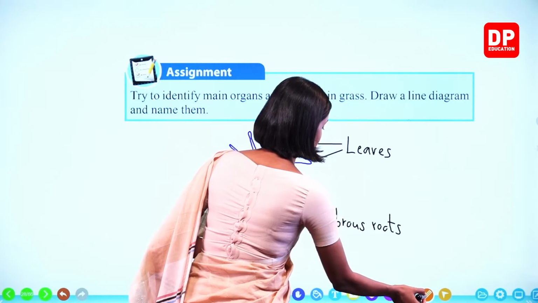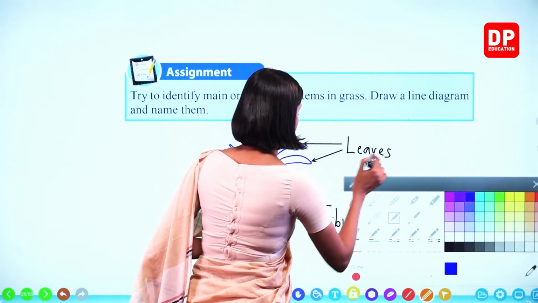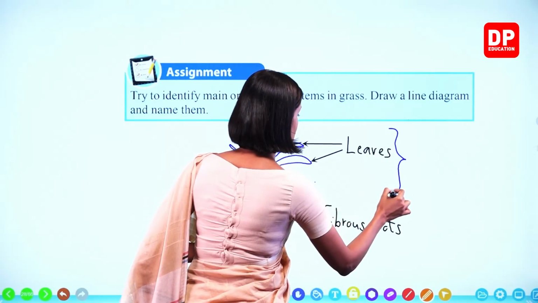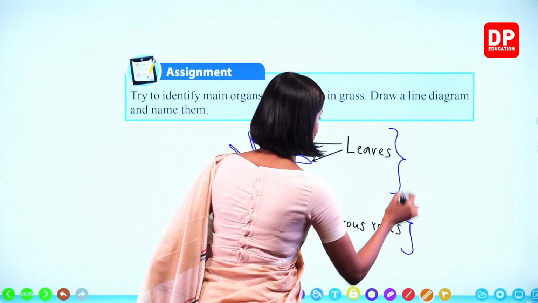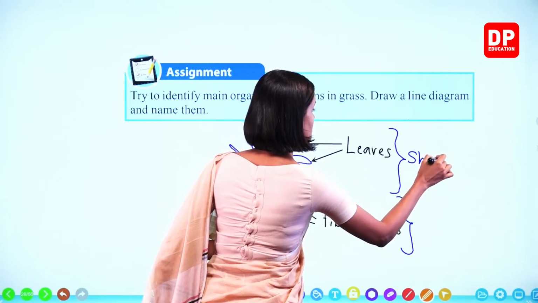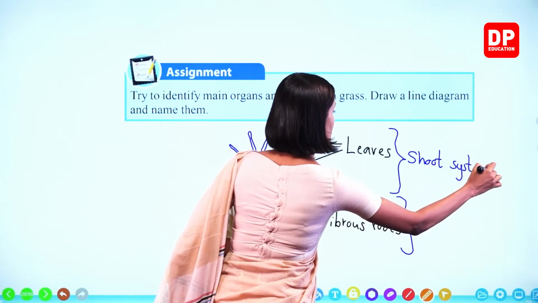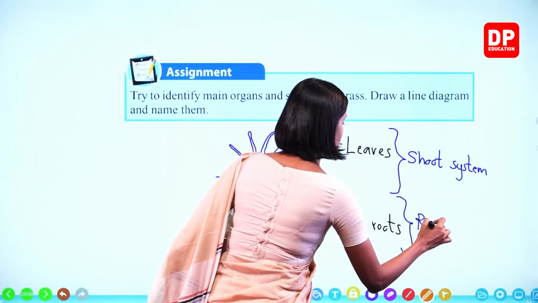Okay, so in this one, here also we can observe the same two systems, shoot system and the root system.